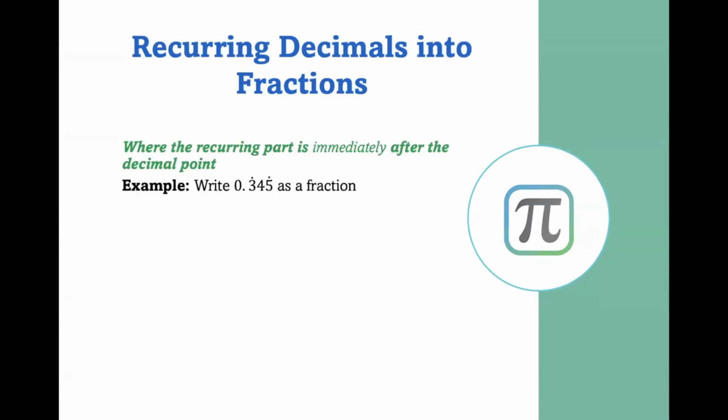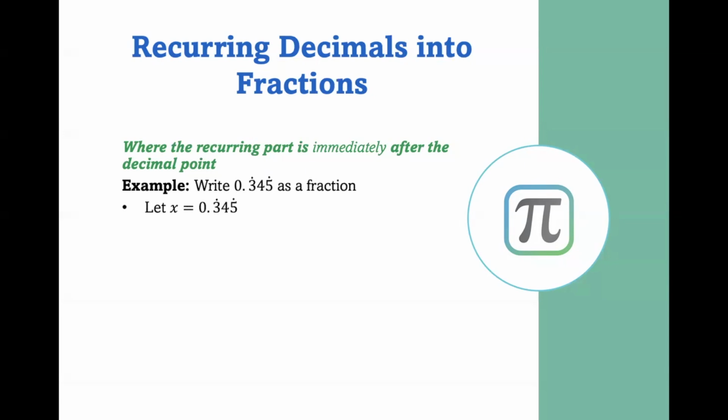One of the typical exam questions that you may get is to convert a recurring decimal into a fraction. And one of the key things to watch out for is, does the recurring part of the decimal come immediately after the decimal point? Taking an example here, we have write 0.345 with the recurring dots above the 3 and the 5 as a fraction.